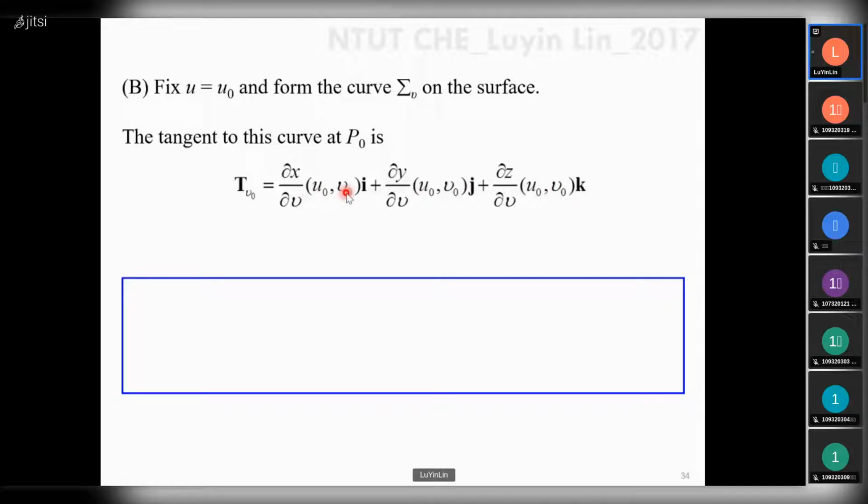You have to do the differentiation: partial x, partial v, partial y, partial v, partial z, partial v. After getting the partial derivatives, then put the v0 inside. So the first step is to put the u0, second, do the differentiation, and then put the v0 inside.